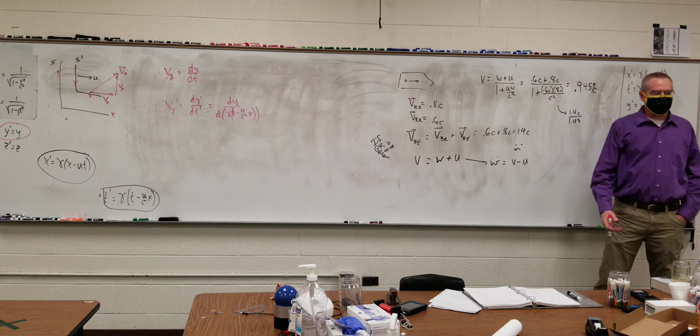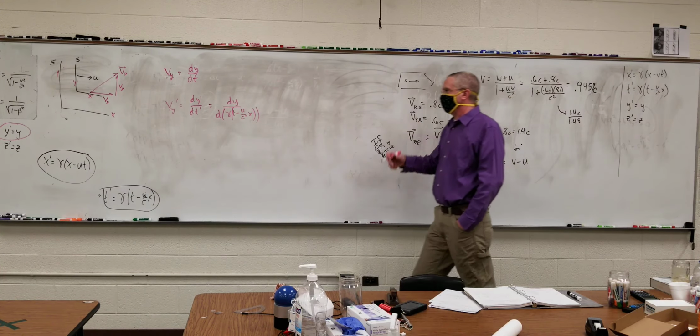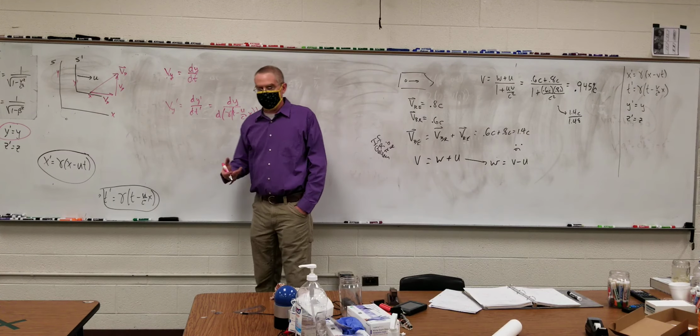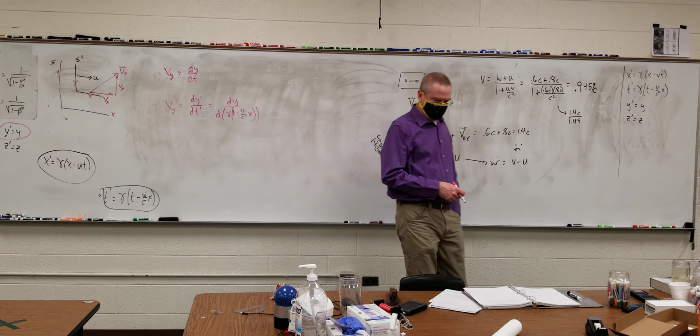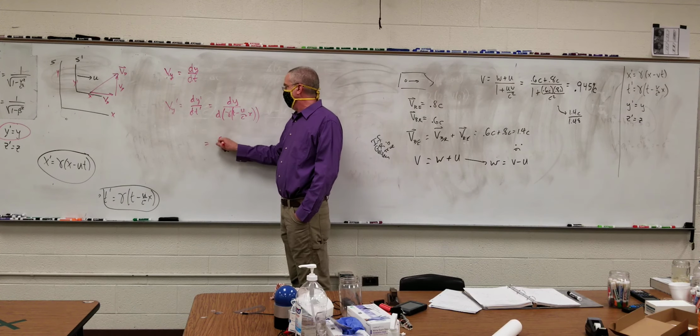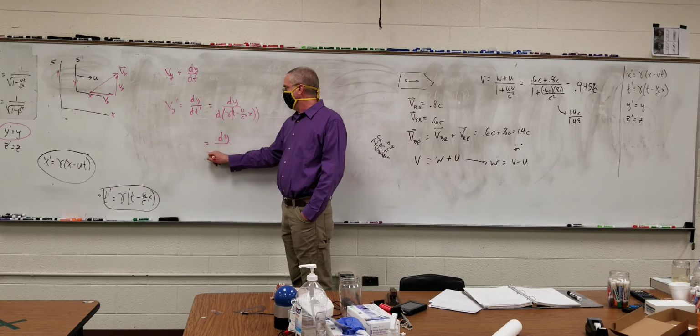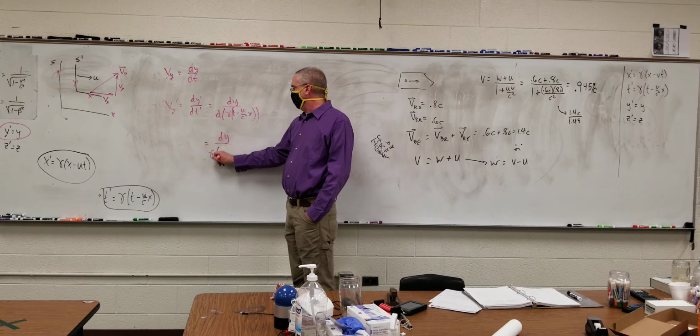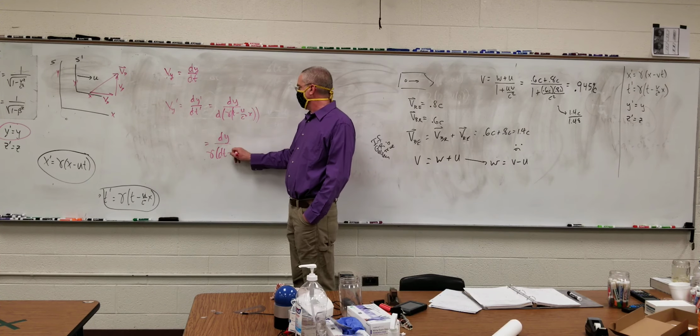Now we're not having this thing accelerate. Gamma is a constant, so I'm going to pull it out. u is a constant for the problem. So gamma comes out, and then I'm left with dt minus u over c squared dx.